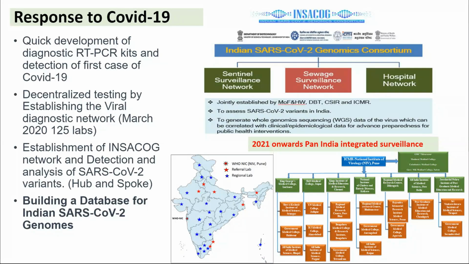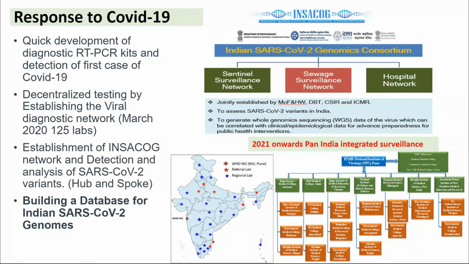That's how INSACOG, the Indian SARS-CoV-2 Genomics Consortium, was established, jointly by the Ministry of Health and Family Welfare, the Department of Biotechnology, CSIR, the Council of Scientific and Industrial Research, and ICMR, the Indian Council of Medical Research. It has a hub and spoke model.